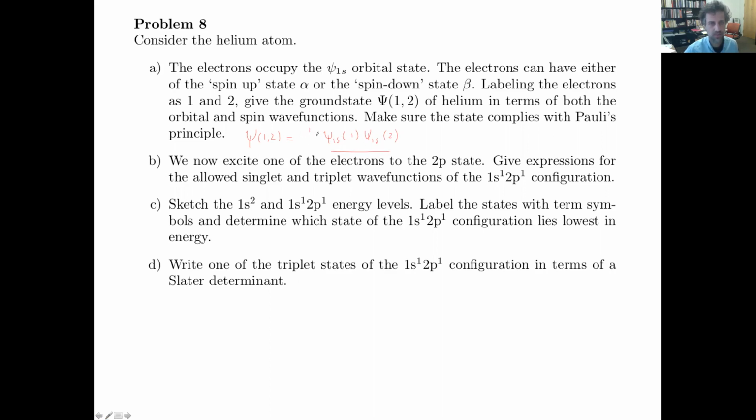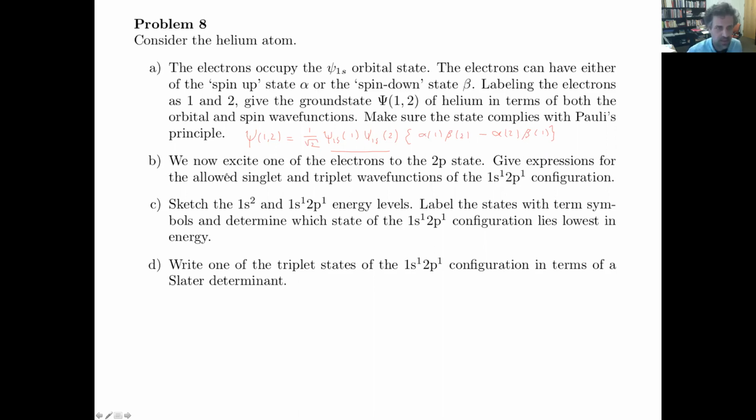And that means I have an antisymmetric spin state, which is going to be alpha 1, beta 2, minus alpha 2, beta 1. That was the antisymmetric spin state. Together, the whole wave function is going to be antisymmetric. Okay, so this is the answer to question A.